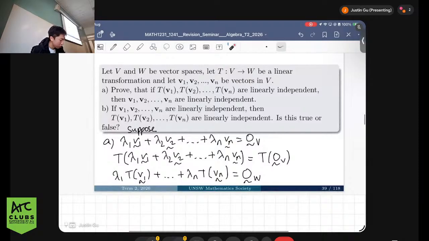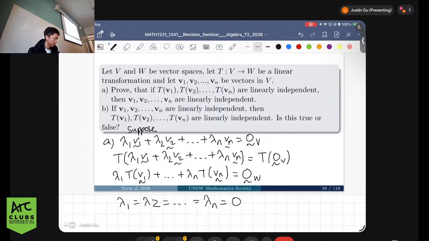These are given to us as linearly independent, and this equals a zero vector, which means lambda 1 equals lambda 2, all the way to lambda n, equals 0, because all of these images are linearly independent.